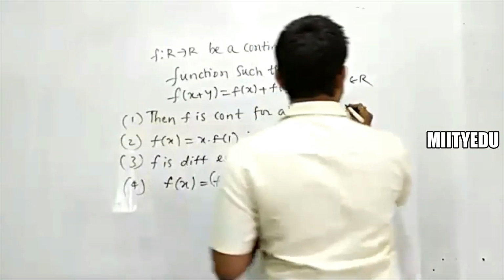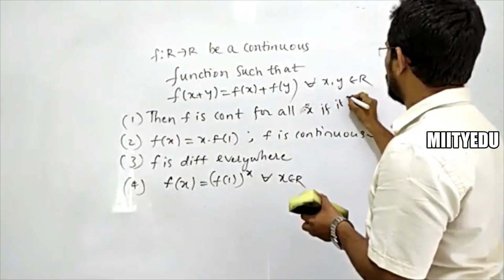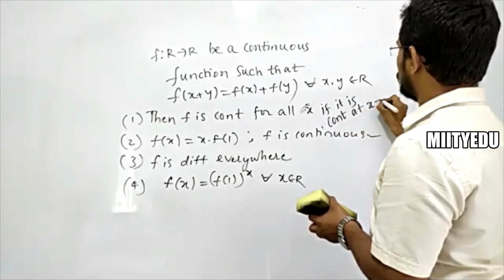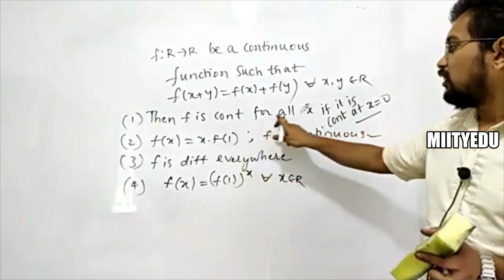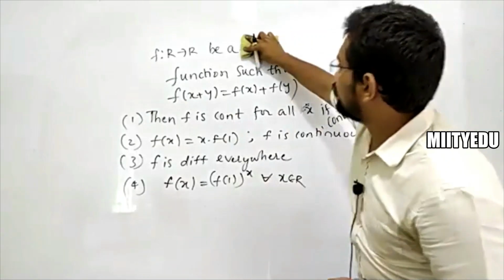Option A is something like this: f is continuous for all x if it is continuous at x equal to 0.